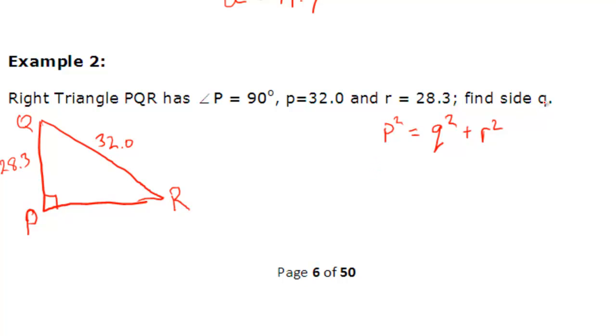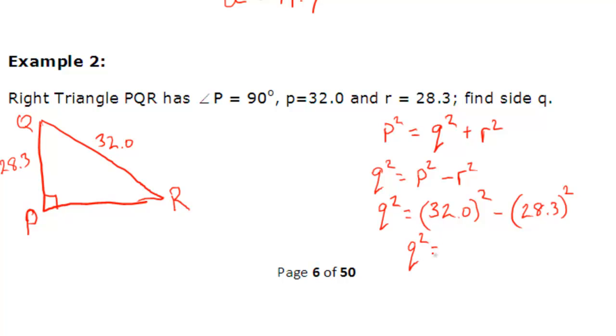We need to find side q, so q squared is going to be p squared minus r squared. r comes to the other side. We can fill in the pieces now. We get p squared is 32.0 squared minus r, which is 28.3 squared.